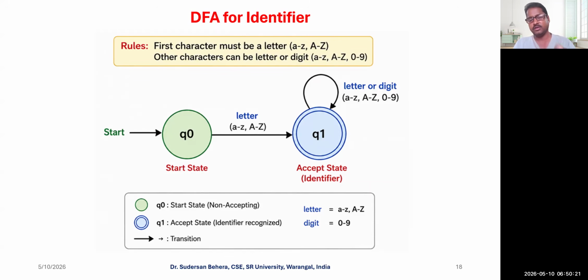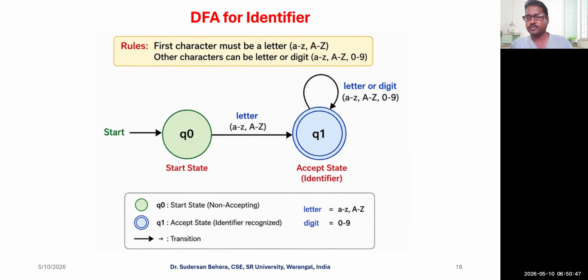So from Q0 read a letter, go to Q1. In Q1 read another letter, or further letters or a digit, like sum5. Here a special symbol is not mentioned, but you can add one.